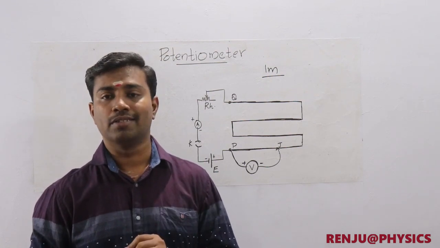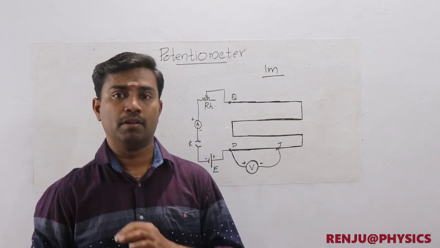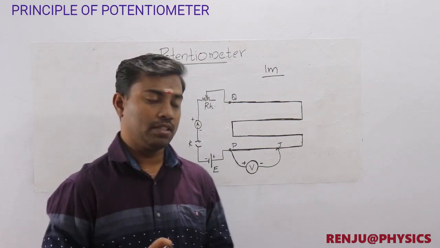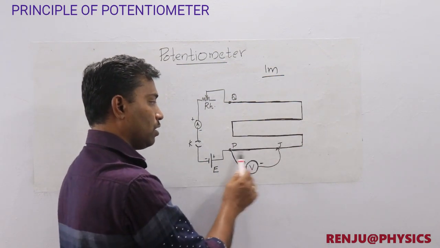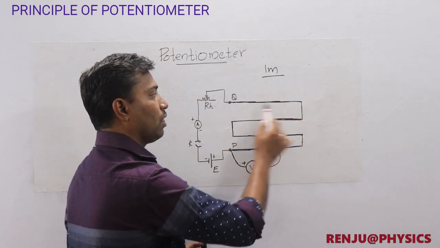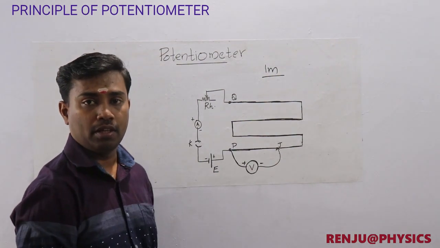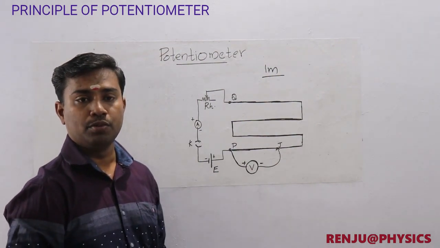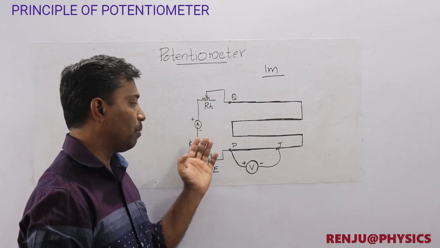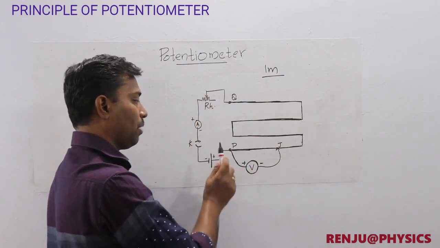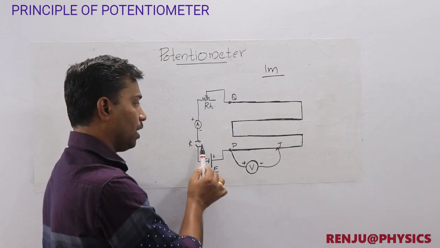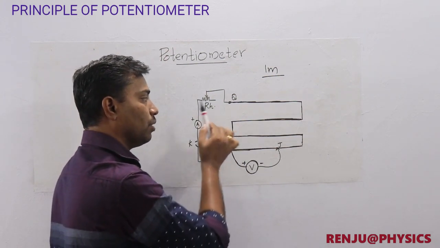Now we are going to discuss the principle of the potentiometer. This is the diagram of the potentiometer, a long wire of length 1 meter and uniform area of cross section, and it has two parts, primary and secondary. The primary part consists of a cell, a key, an ammeter and a rheostat.